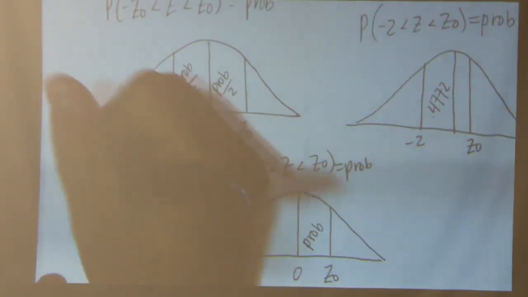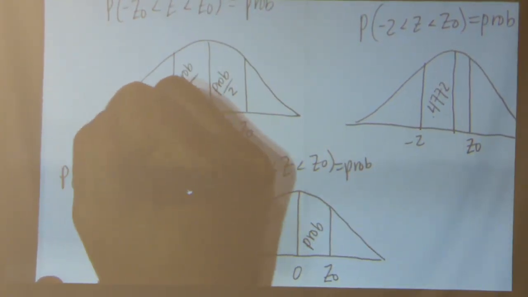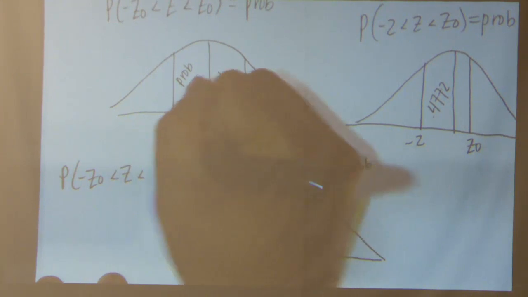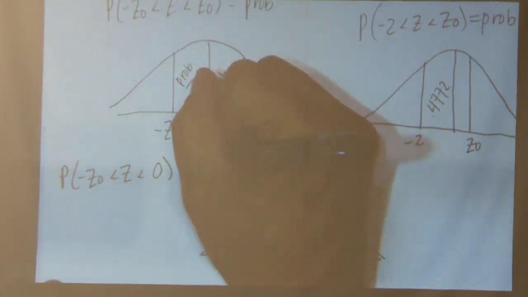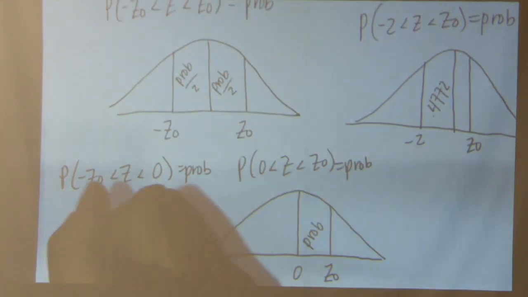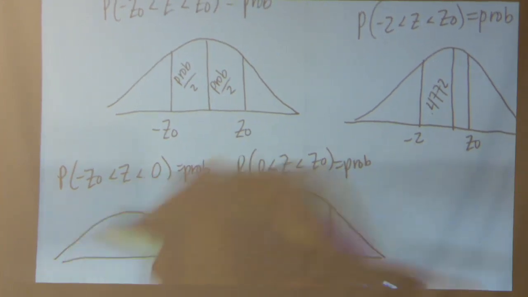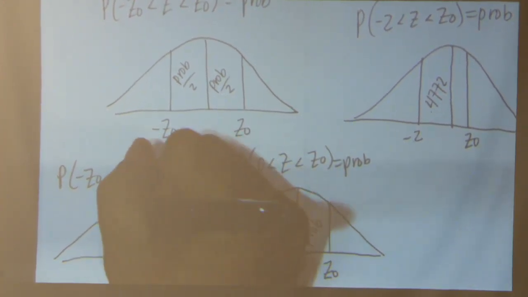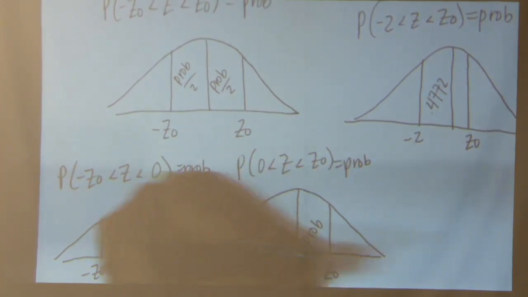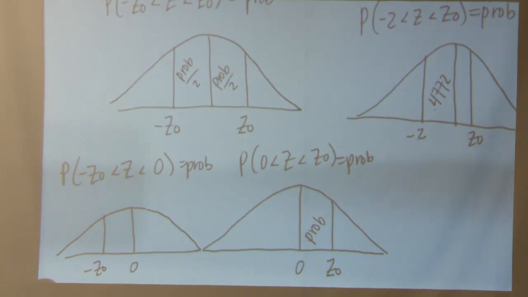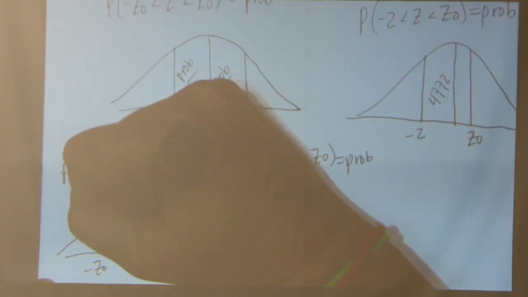Same if they did from negative z naught to 0. It would just be the opposite. So we'd have our 0, and then our negative z naught is going to be here, and whatever probability they gave us, we would place in here.